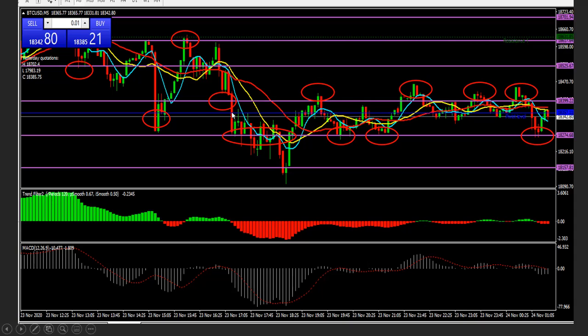Okay, the first thing that I look for when I'm going to plot out or map out my resistance and support lines, I look for where the buy candle and the sell candle have both touched a certain spot multiple times. Let's look at this first area here.